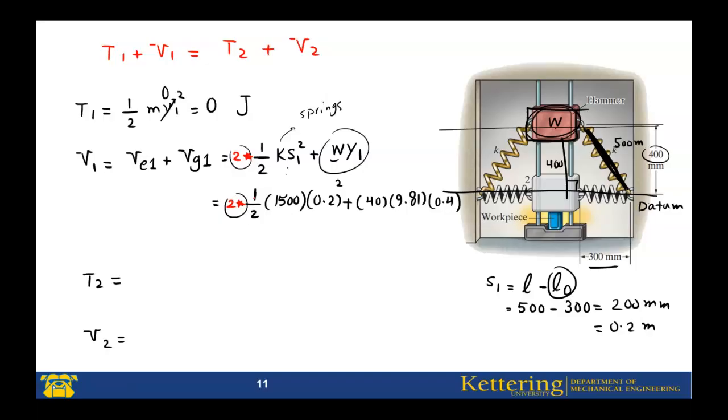Now, if you calculate this one, this will be 60 plus 156.96.